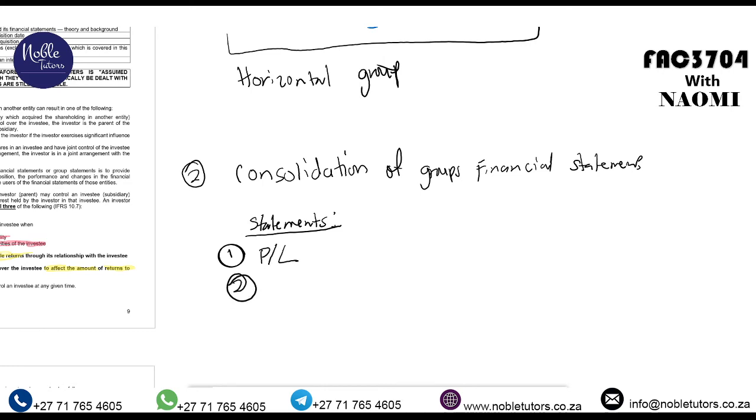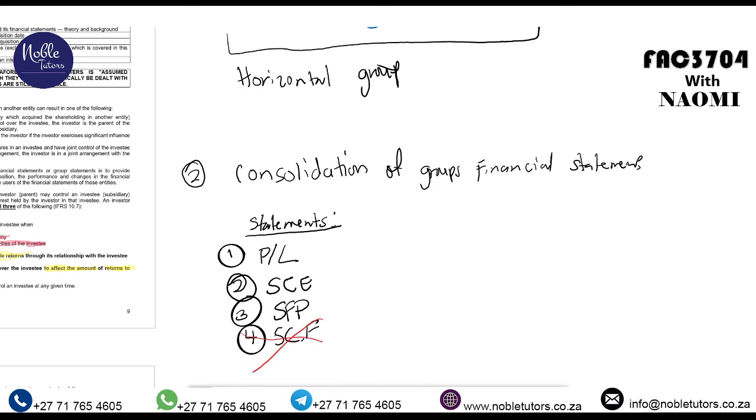Then two, statement of changes in equity. Three, statement of financial position. And four, statement of cash flow. Okay, but we don't do cash flow here. Statement of cash flow at this level is not examined.